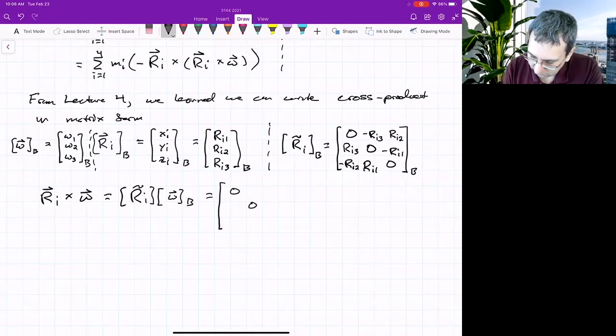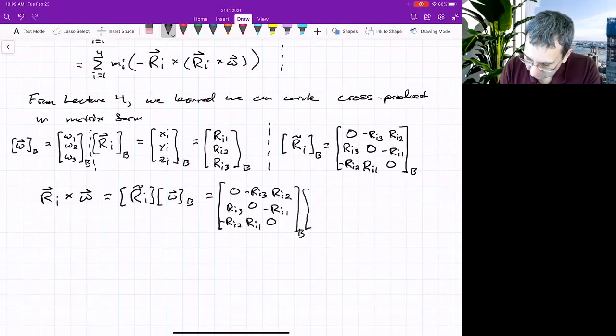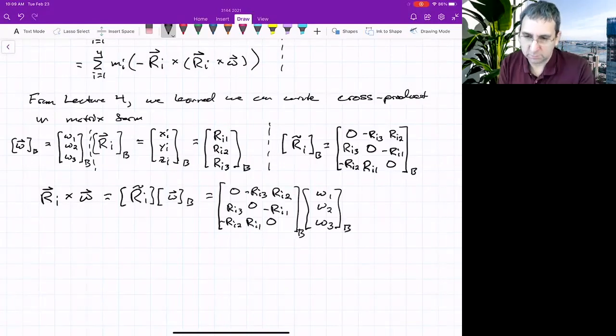So this same matrix, negative ri3, ri2, negative ri1, ri1, negative ri2, ri3. And we're reminding ourselves with the subscripts that this is all in B frame components. You can write out what that is, and it'll give you the cross product.